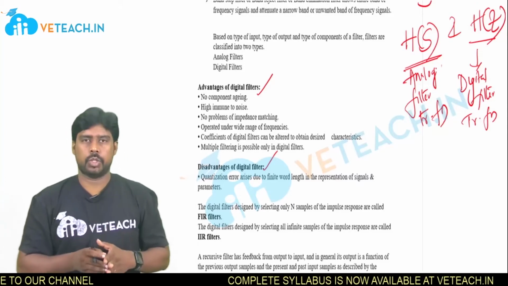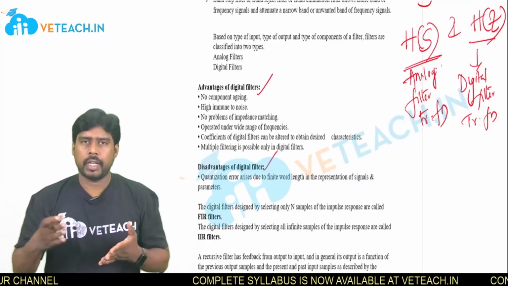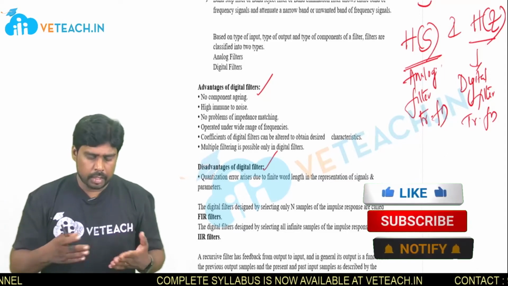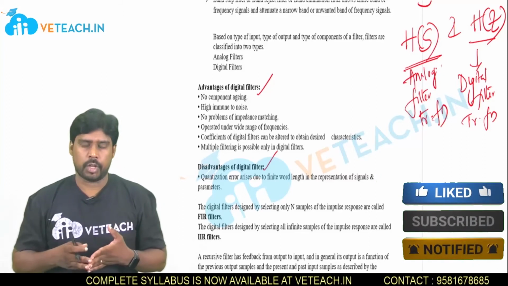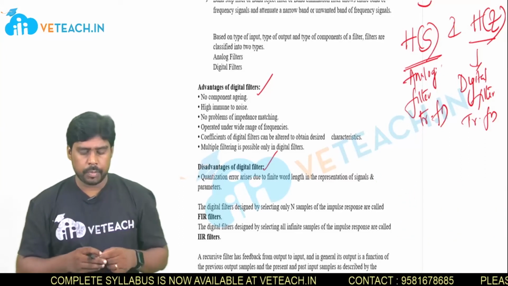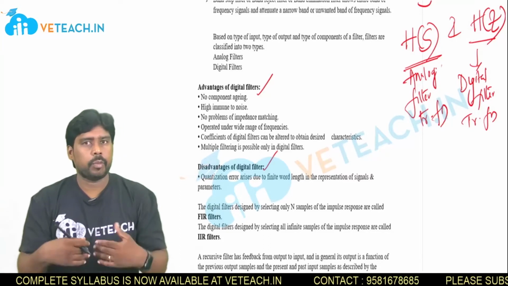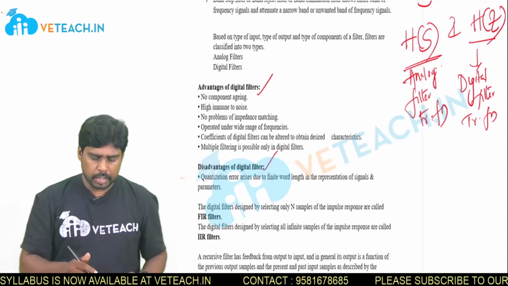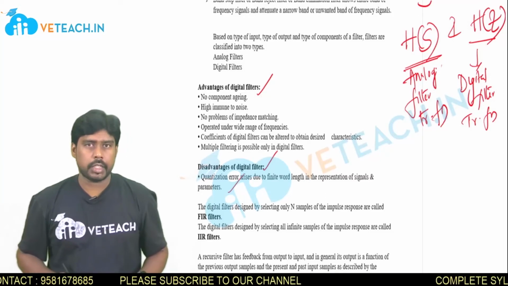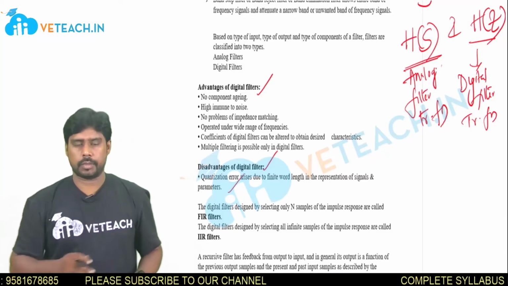Please go through these points: there won't be any lagging or aging, and digital filters are highly immune to noise, whereas analog filters are not. We also don't have any problem with impedance matching. Likewise, we have a drawback called quantization error. Please try to remember these points.